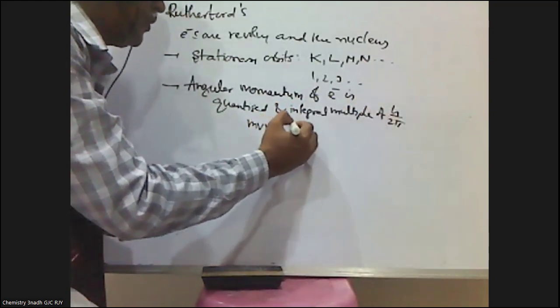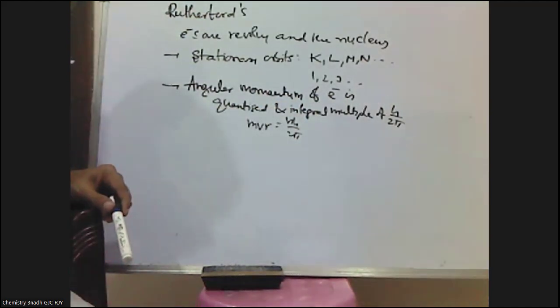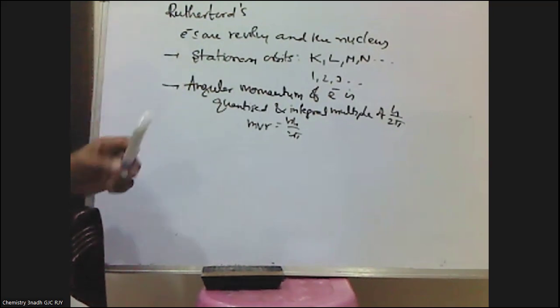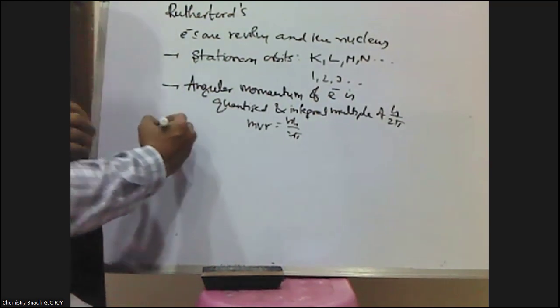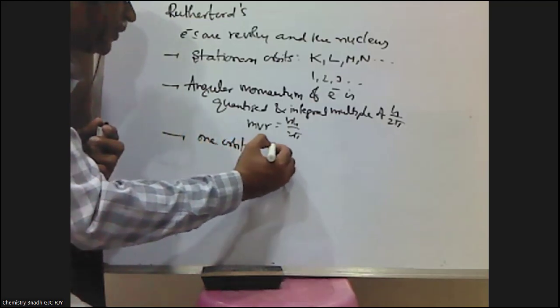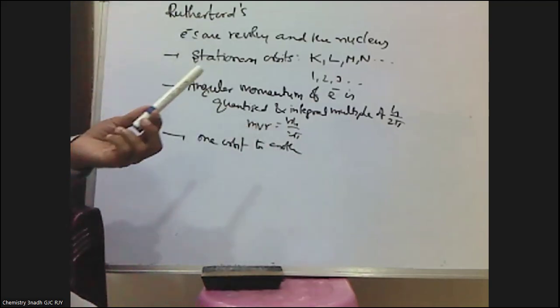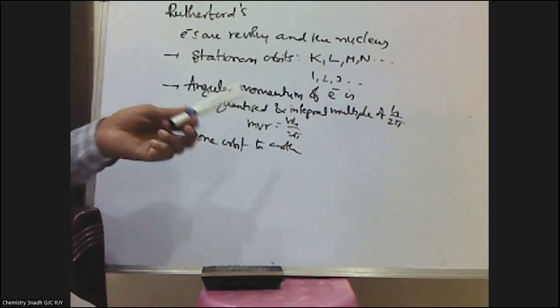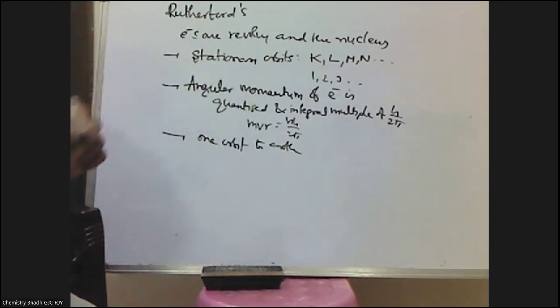So mvr is equal to nh by 2 pi. When an electron jumps from one orbit to another orbit, energy is either evolved or absorbed. So these are the important postulates of Bohr's atomic model.